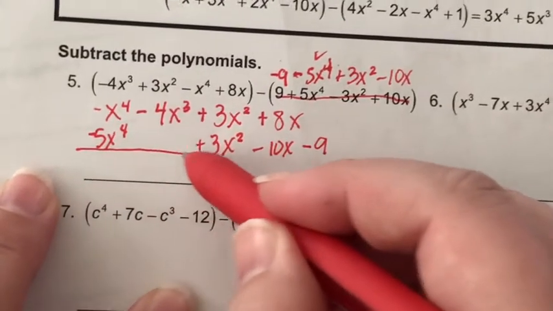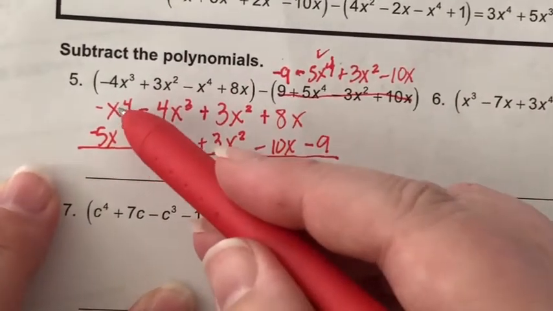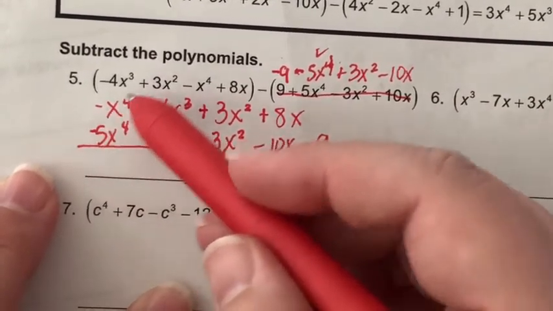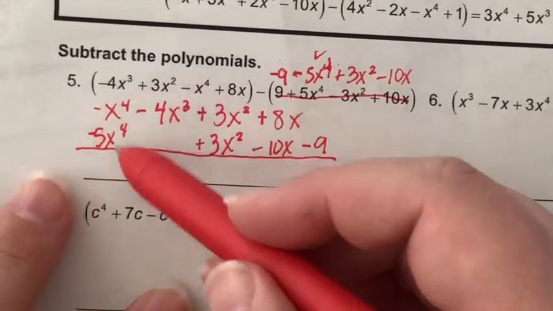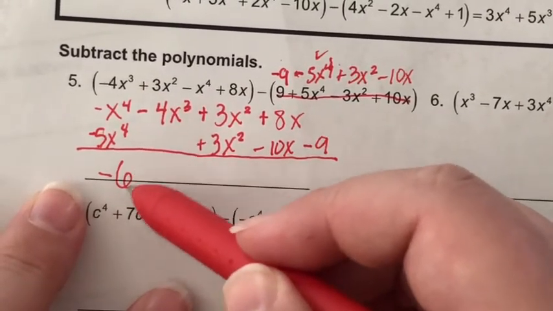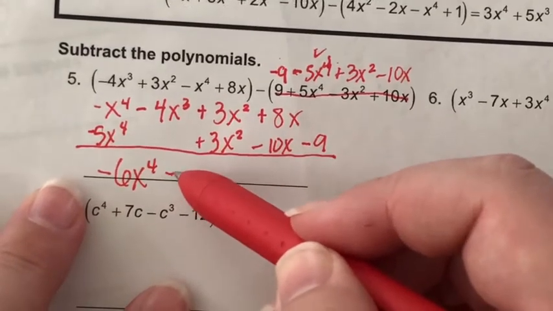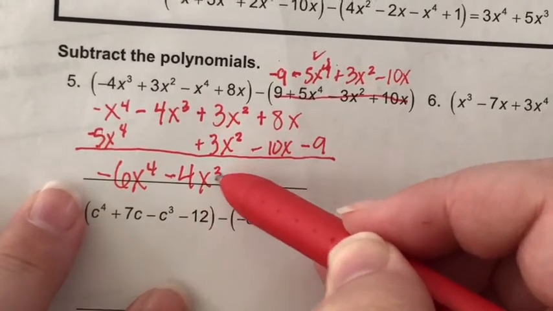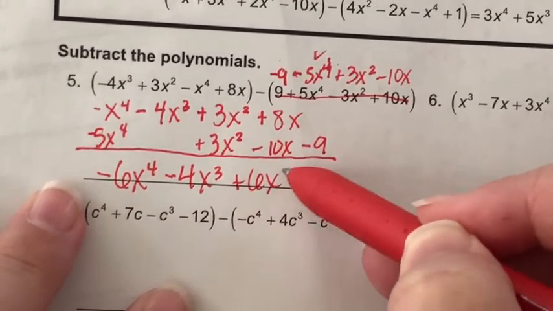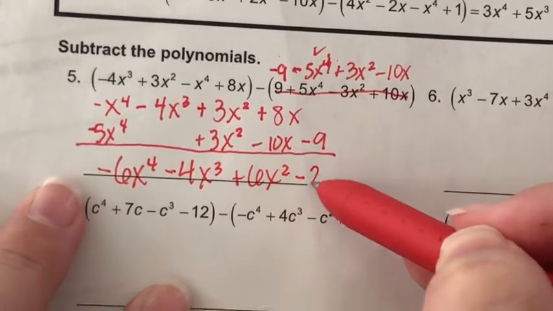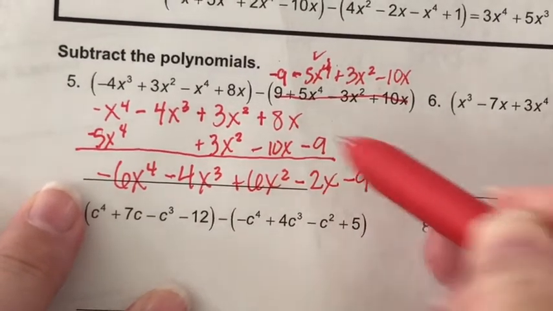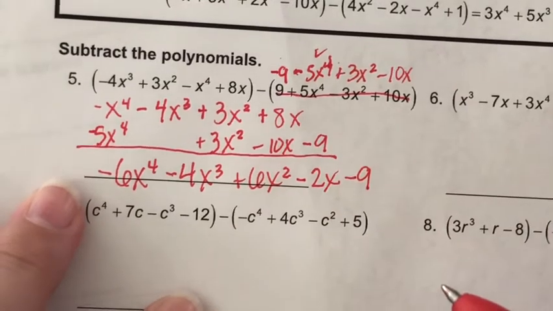So now we're just going to add those up. So negative 5x to the 4th plus negative x to the 4th is negative 6x to the 4th minus 4x to the 3rd plus 6x squared minus 2x minus 9, because I added those up.